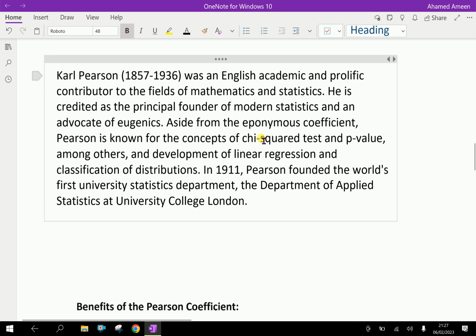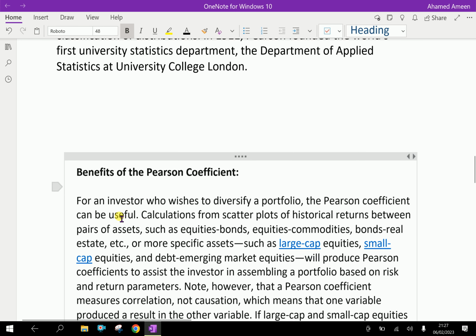Aside from the eponymous coefficient, Pearson is known for the chi-square test and the p-value, among others, and the development of linear regression and classification of distributions. In 1911, Pearson founded the world's first university statistics department, the Department of Applied Statistics at University College London.